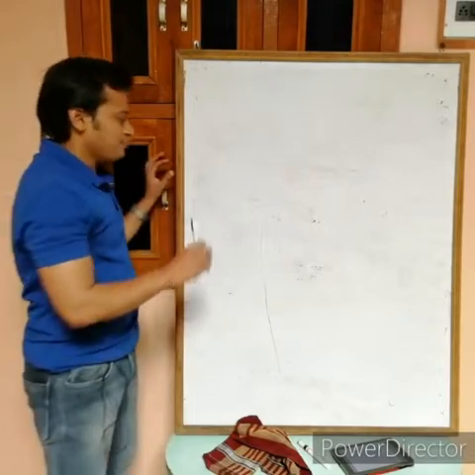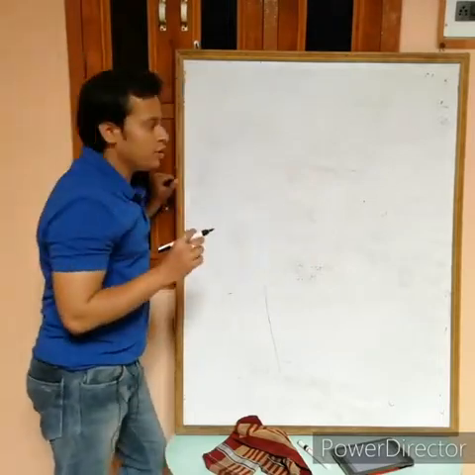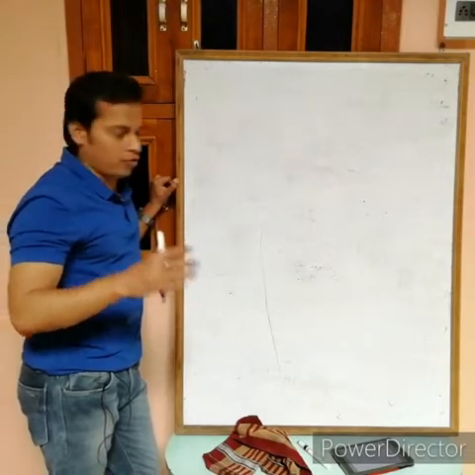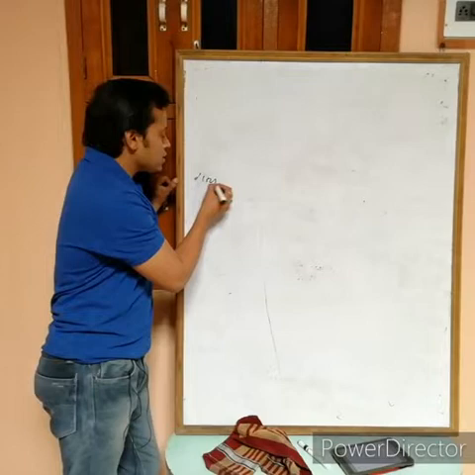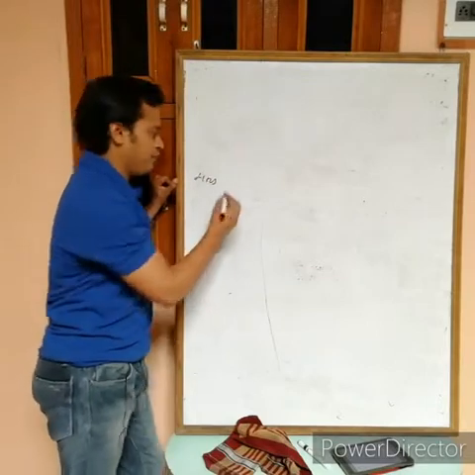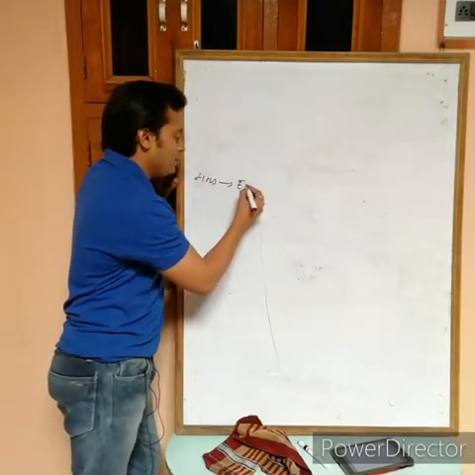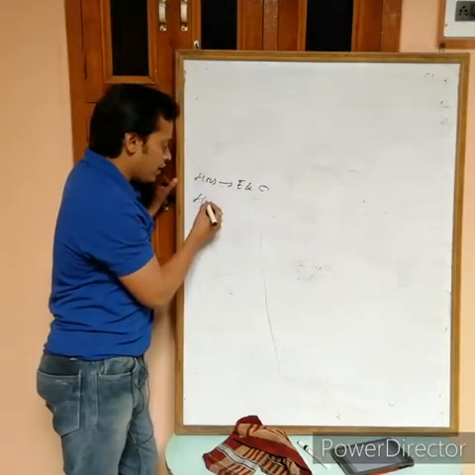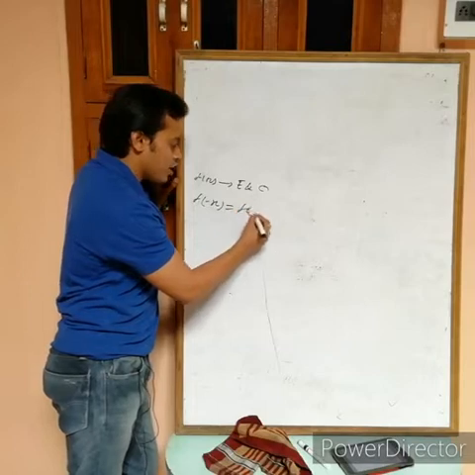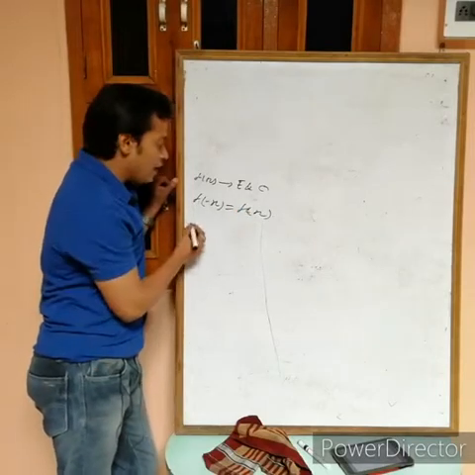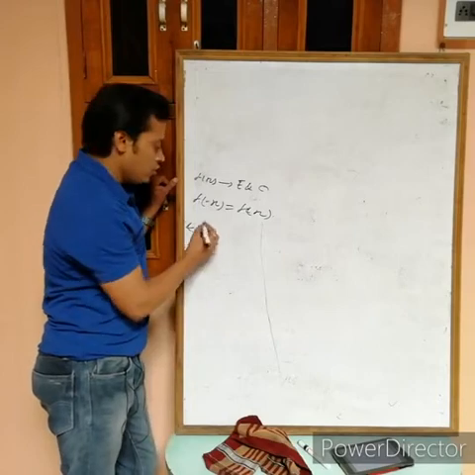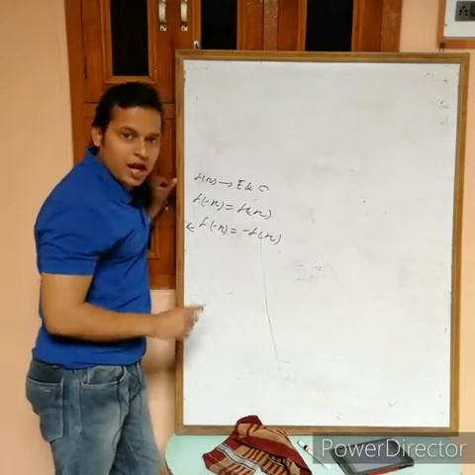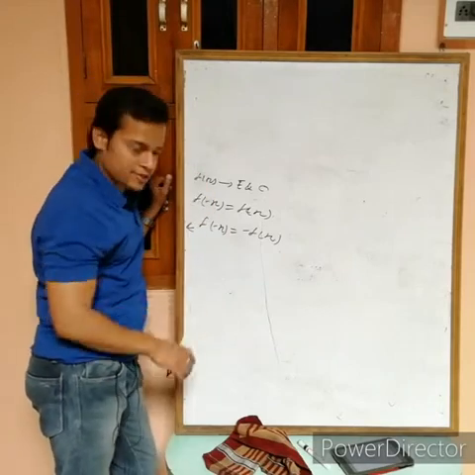Okay. Suppose if you want to prove this, then what do we want? We want a function which is both even and odd. So suppose f(x) is a function which is both. If f(x) is an even function, then f(-x) must equal f(x). And if f(x) is odd also, then f(-x) must equal -f(x).